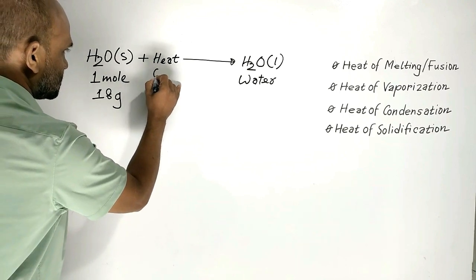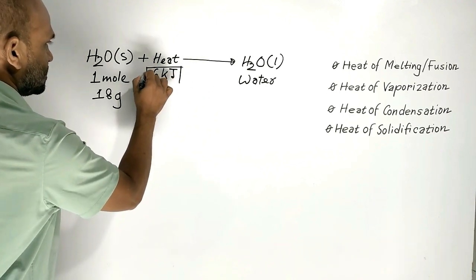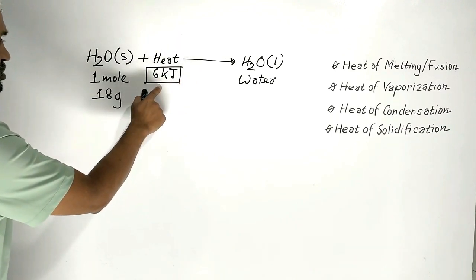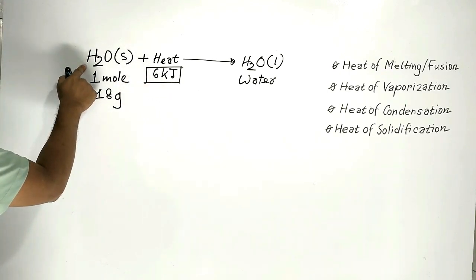Here this is 6 kilojoule. Actually this heat is known as heat of melting or heat of fusion. This heat is for 18 gram of ice.